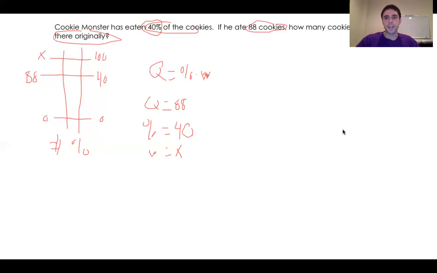The why here is really the key to understanding. Once we understand why, we can tackle any problem. 88 isn't our value at 100. It's our value at 40%. So why does that make it our quantity?